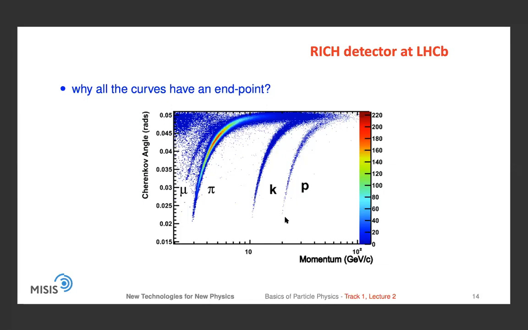And we see distinct populations for different types of particles, like protons, kaons, pions, muons. So the question is, why do all the curves here have an endpoint?